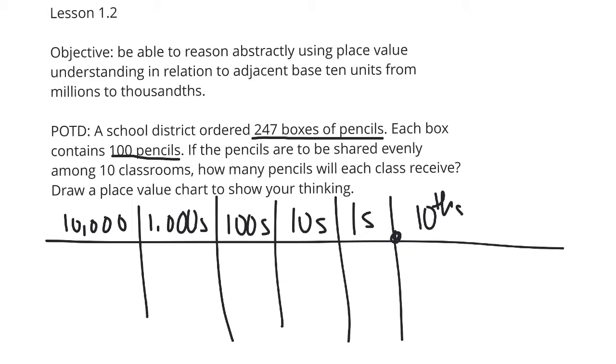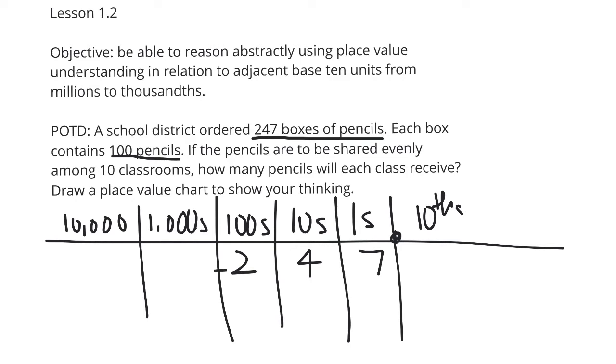So I put down 247. If I'm going to be multiplying by 100, which direction do I need to shift? To the left. And how many places over? 2. Very good.